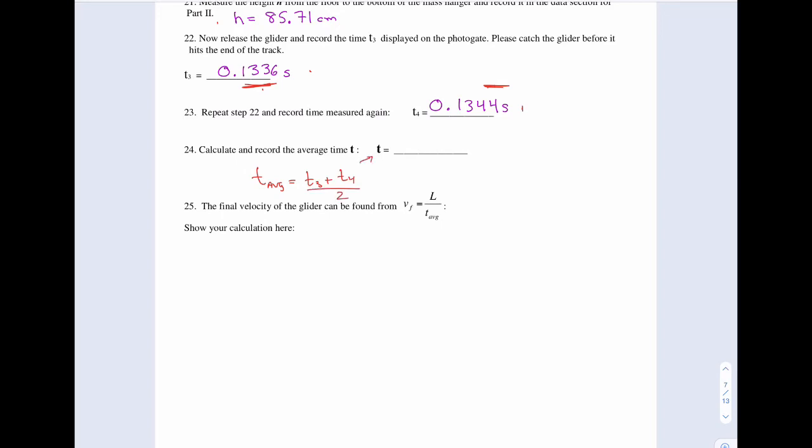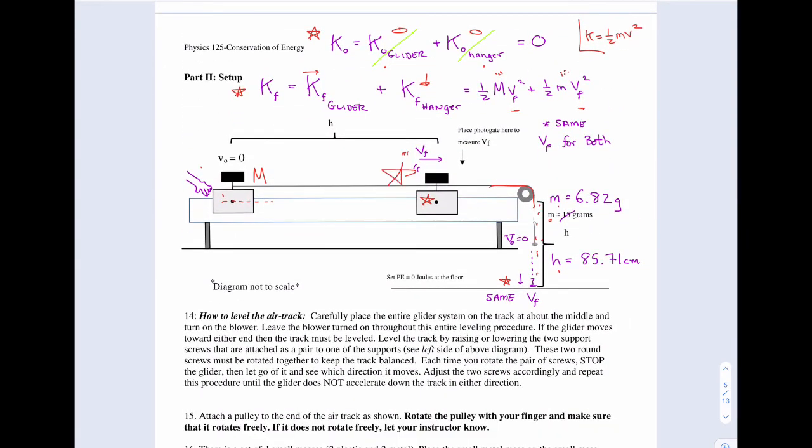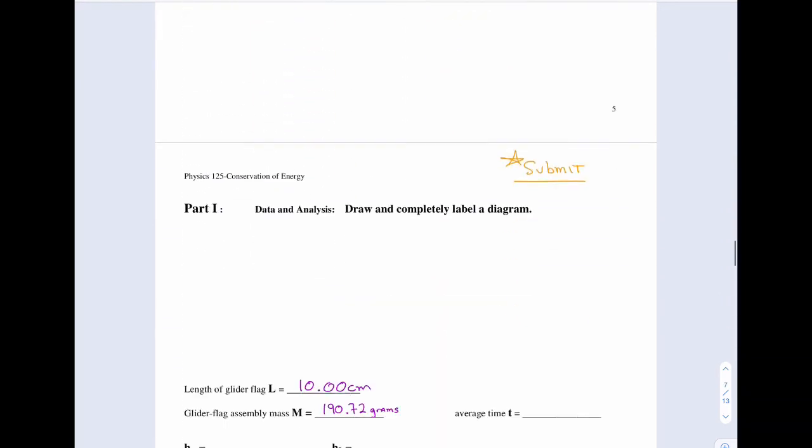That goes there. To find the final speed of your glider, take the length of the flag divided by that time. That's the final speed of your glider right here, and that's also the final speed of the hanging mass because they're moving at the same speed. They're attached to the same string.